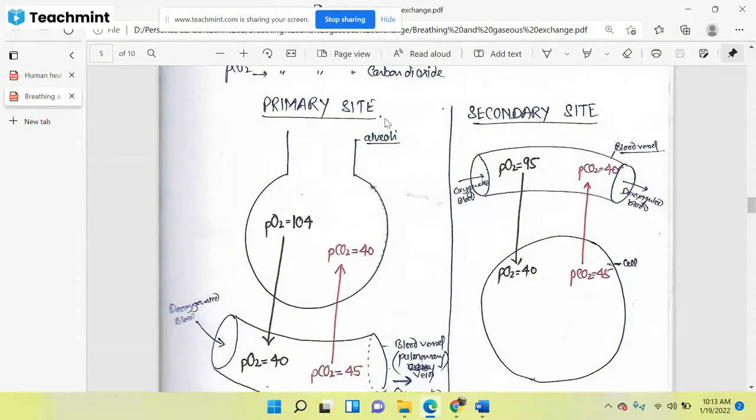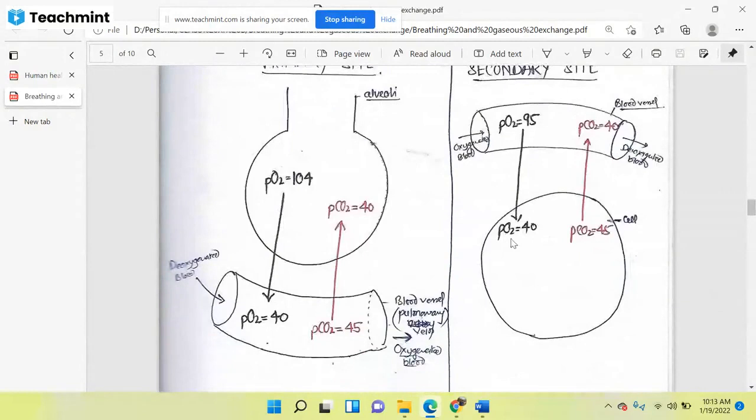So you just see two sides are there, okay, and in between primary and secondary side I told you that blood is transporting the oxygen and carbon dioxide. Blood is transporting oxygen from primary side to secondary side, and the same blood transports carbon dioxide from secondary side to primary side. So ultimately we can say that the blood is transporting oxygen from alveoli to the tissue.